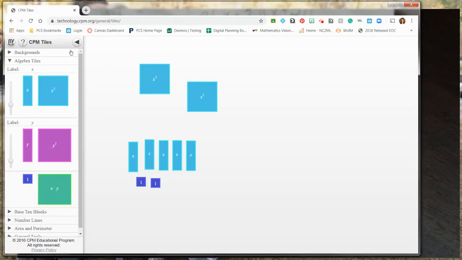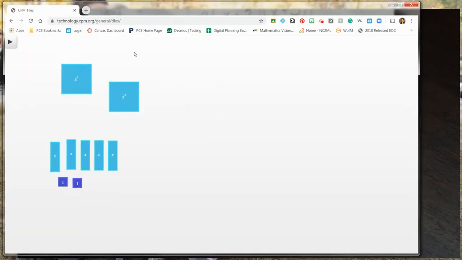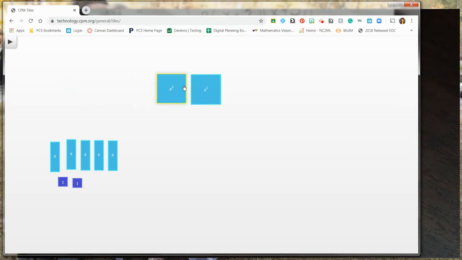I already have all of my blocks ready to go. So my 2x squareds have to be in the top corner. And if you think about how the box looked, the rectangle that we've been setting up for every other problem, the 2 singles, or the constant, goes in the opposite corner from the x squared.